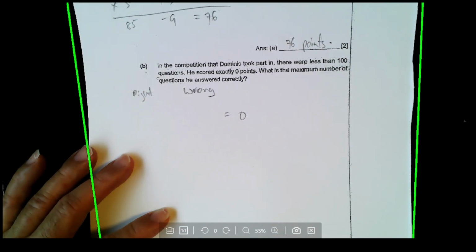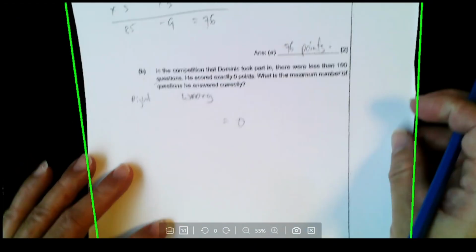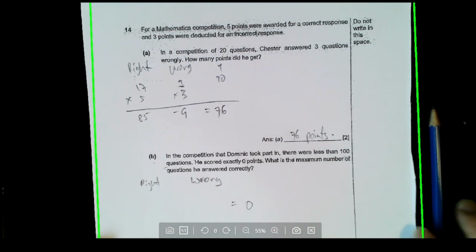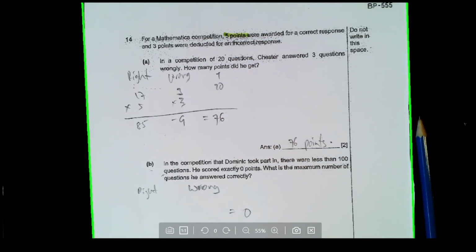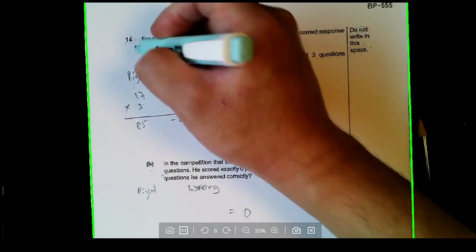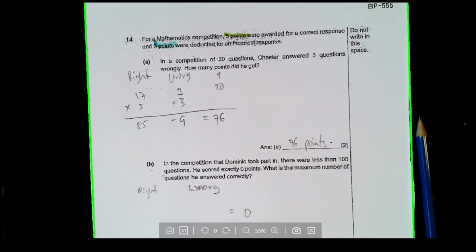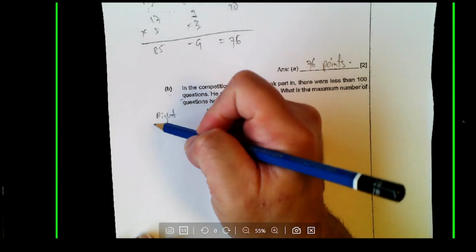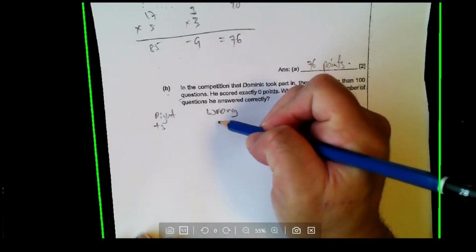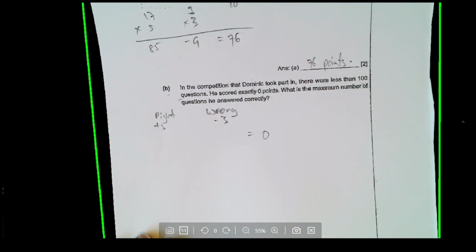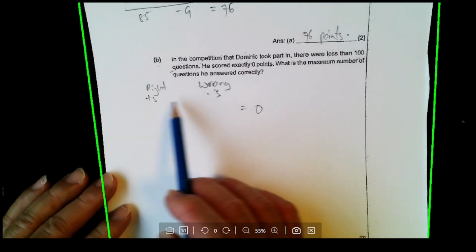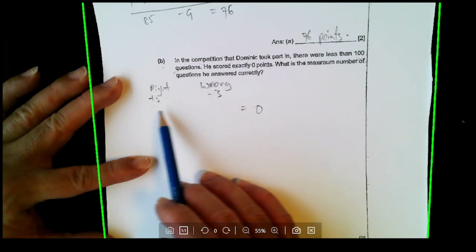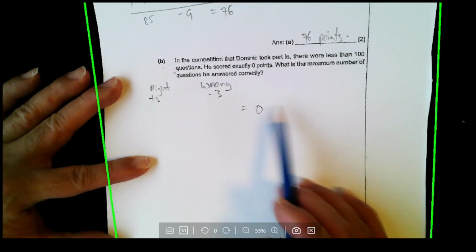Okay, follow right so far? So every right question he gets plus 5 points. Every wrong question he gets minus 3 points. So when do you have a time where they cancel each other?